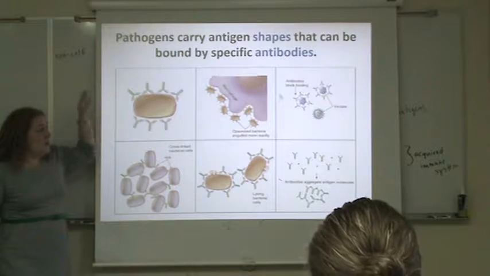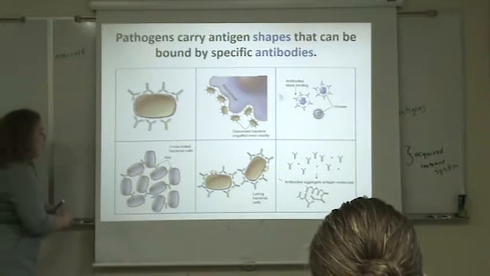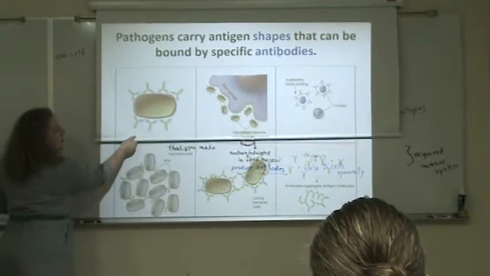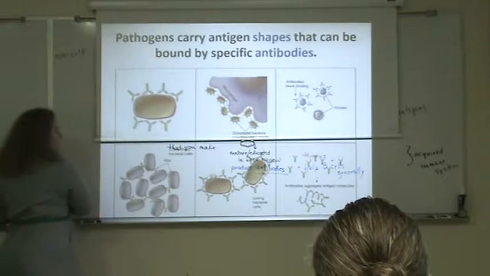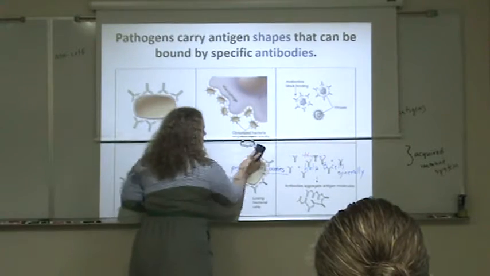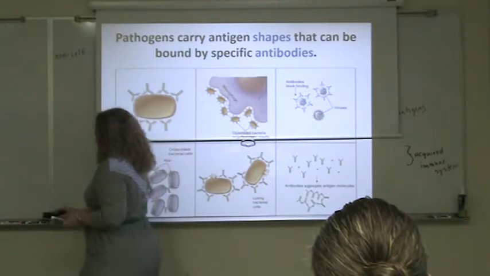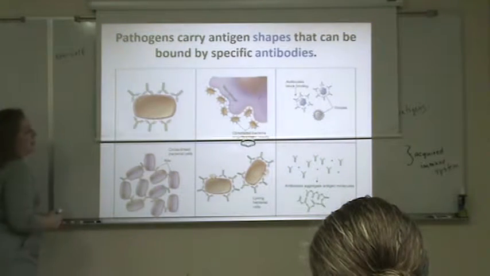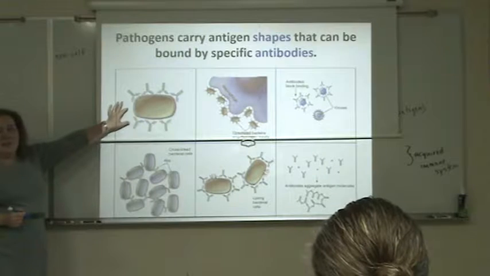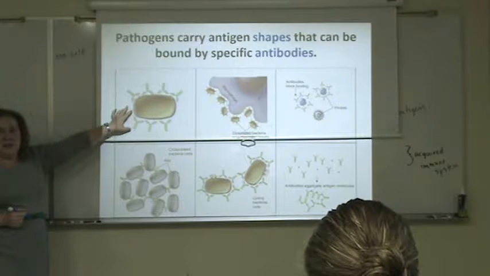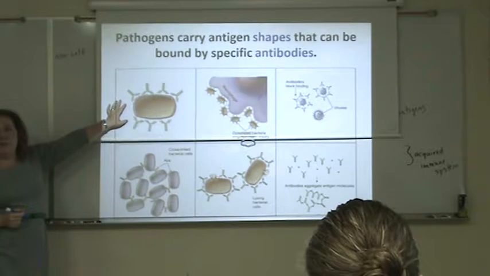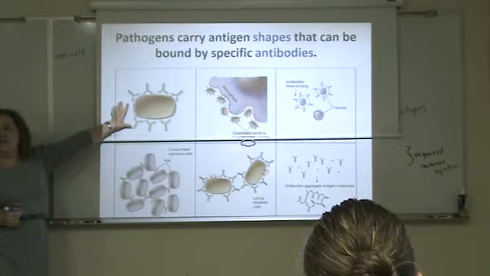And then if you are an immune cell, like a macrophage, and you see a large accumulation of antibodies binding to something, that's an indication like, oh, something's going on over there, I need to go over there.